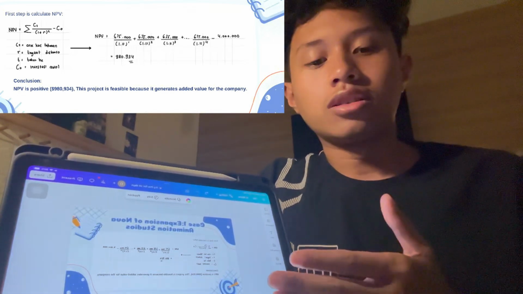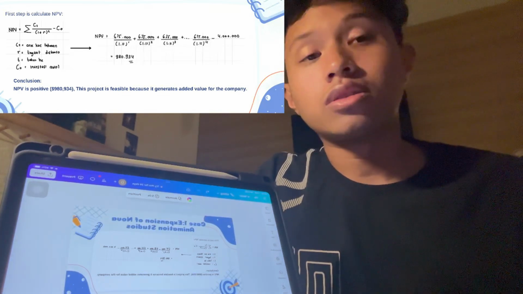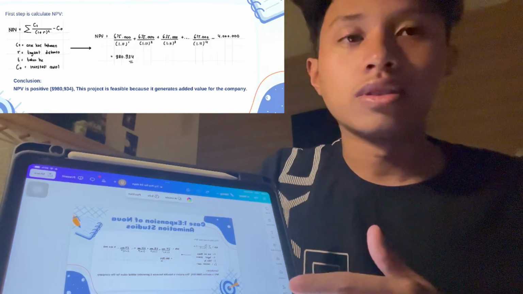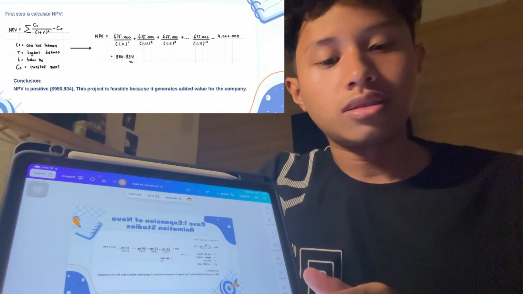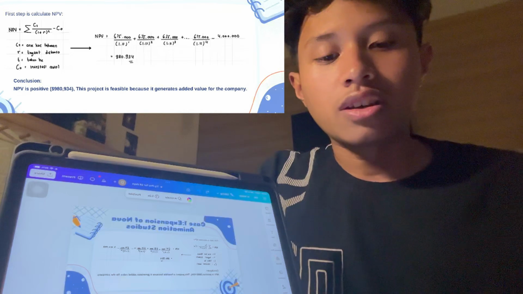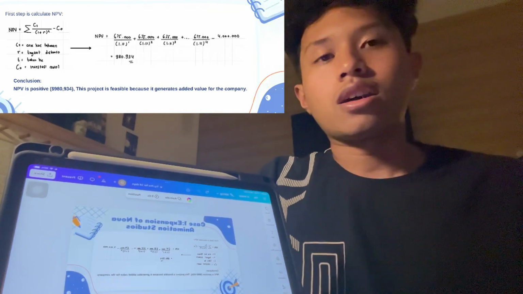As you know, the annual cash flow is $675,000, the discount rate is 11%, and the years are 16. Then our initial investment is $4 million.